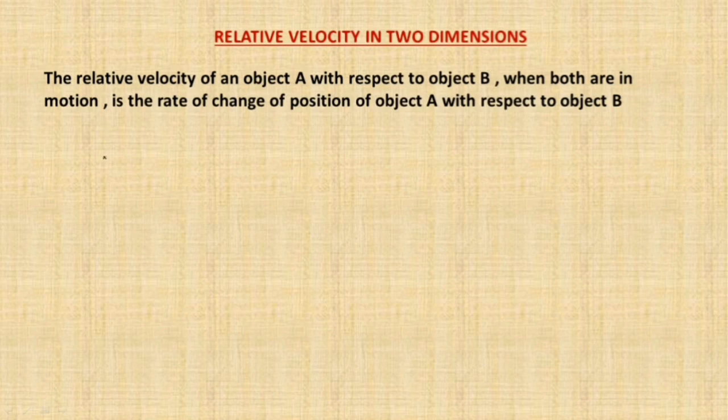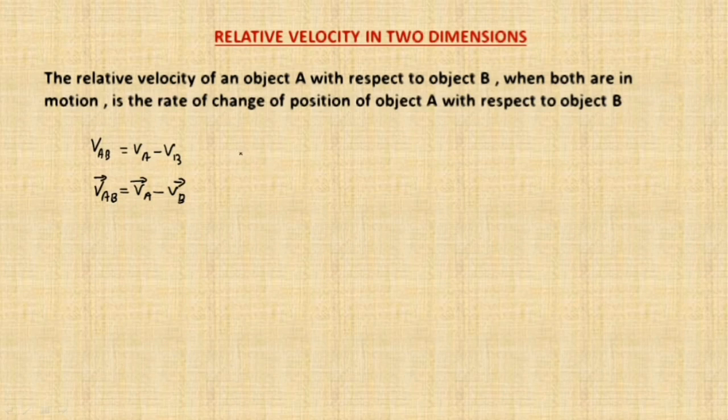So what is the relative velocity of object A with respect to B? We can write it as VAB is equal to VA minus VB. In terms of vectors, VAB vector is equal to VA vector minus VB vector.